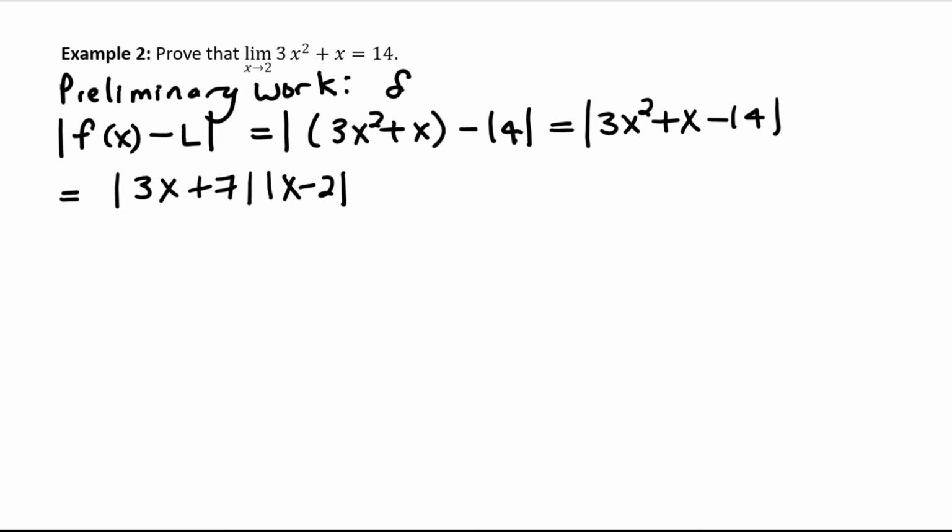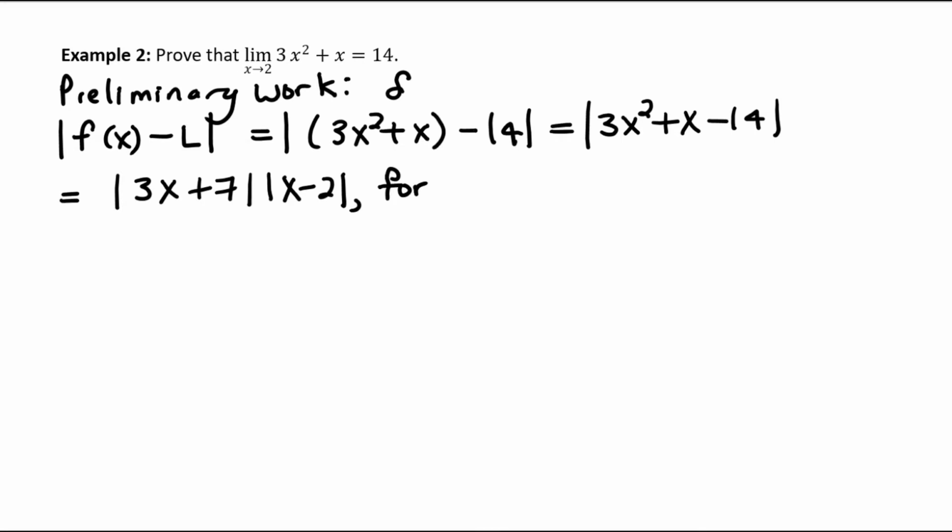Now, notice that the 3x plus 7, that's the expression multiplied to the absolute value of x minus 2, is not a constant. The key here is that we are interested only in those x near 2, and for those x, we make a preliminary assumption that we are only going to consider x within 1 unit of 2.